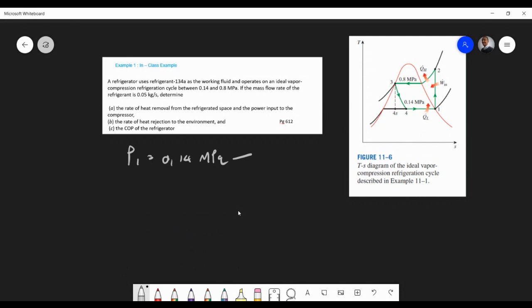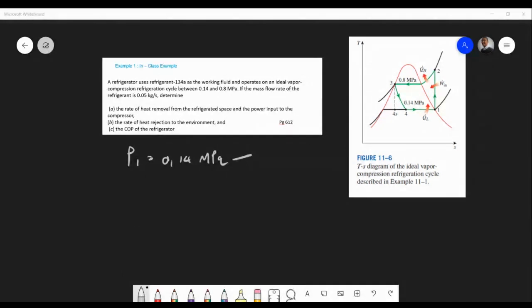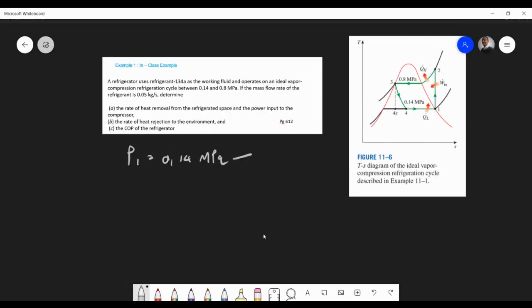Can someone please tell me? It must be vapor, since it's going into the compressor. So in this problem we have to go find H1 and S1.